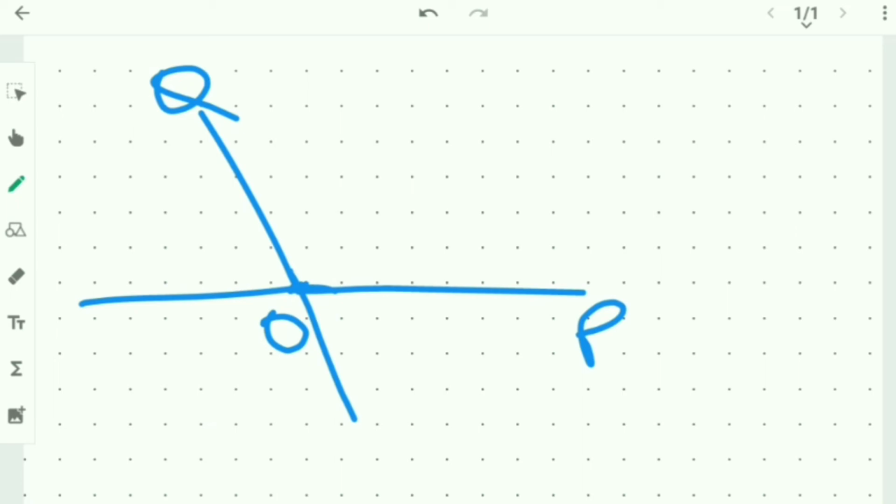The next one, the 6th question. I have to say whether the following are true or false. They've given a line. You have points Q, M, O, N, P, and it is never ending, so it is a line.